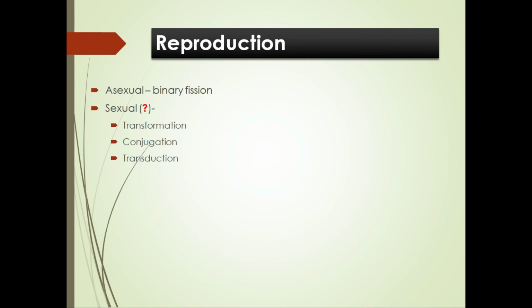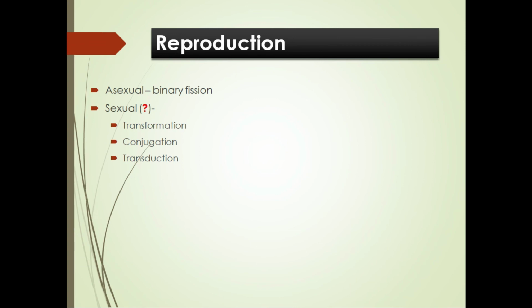We also have sexual reproduction, though in true sense it is not sexual because the sex organs are not there and gamete formation is not there, as we see in multicellular organisms like fungi, plants or animals. Now in this lecture we will talk about only the binary fission, or asexual reproduction, that has connection with growth of bacteria.